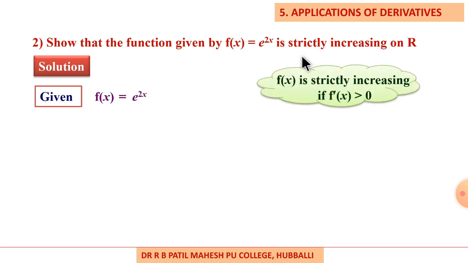Now if you want to show that this function is strictly increasing, we need f dash of x to be greater than 0.